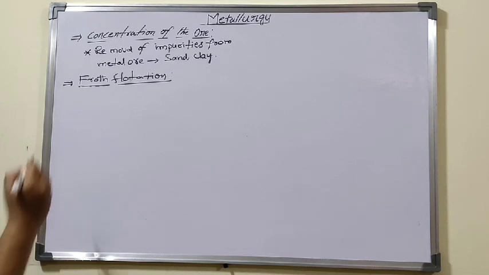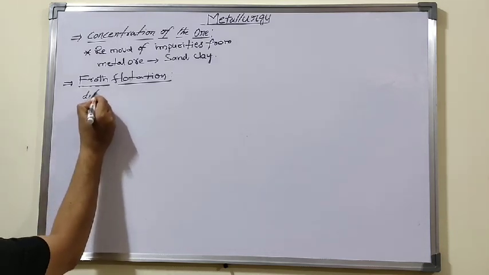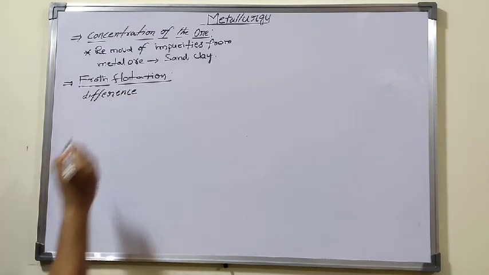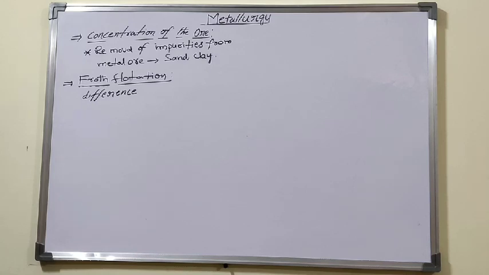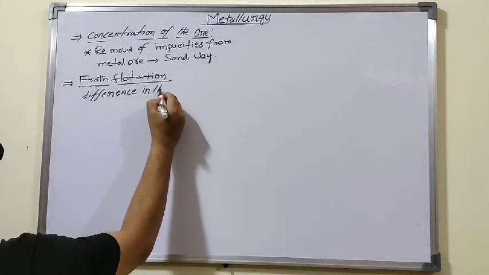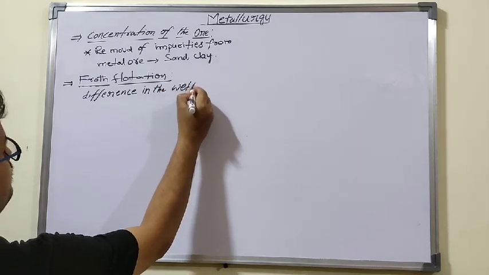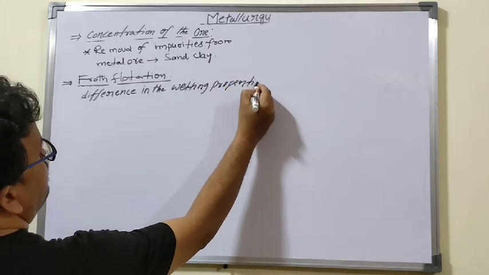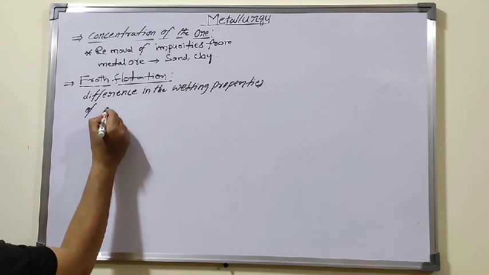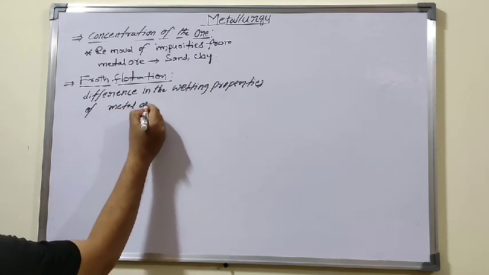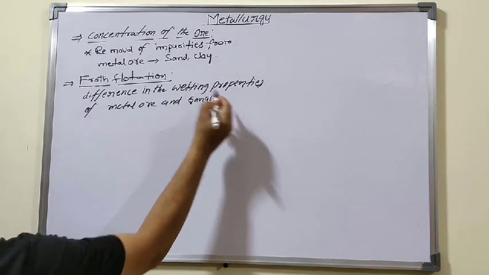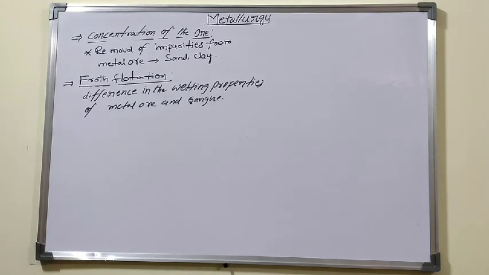The principle is the difference in the wetting property of the metal ore and gangue particles.